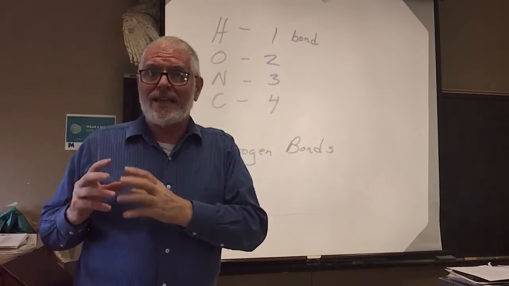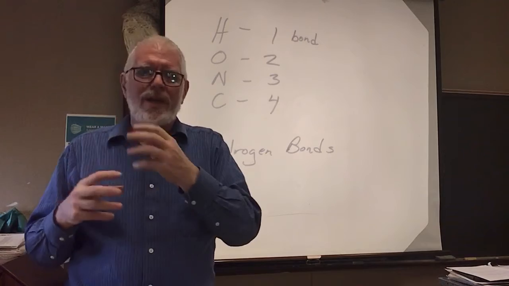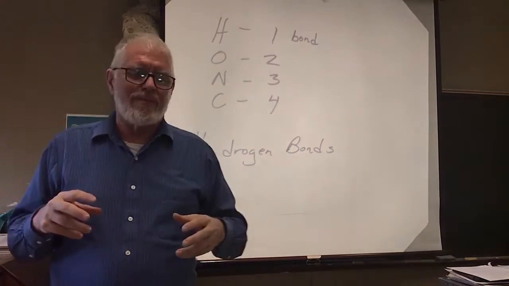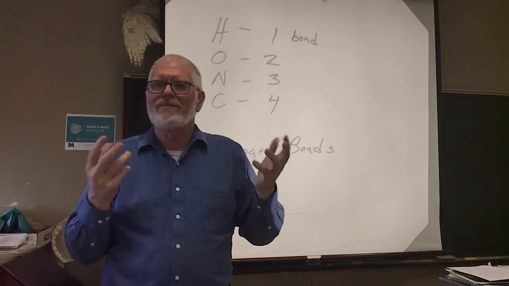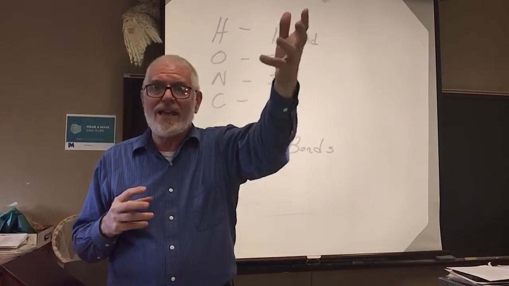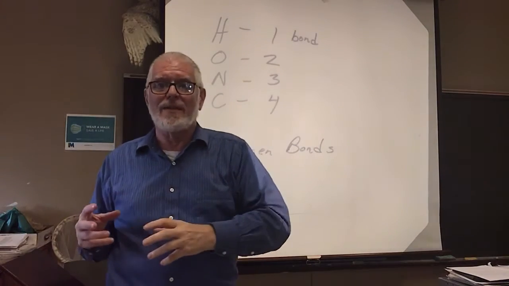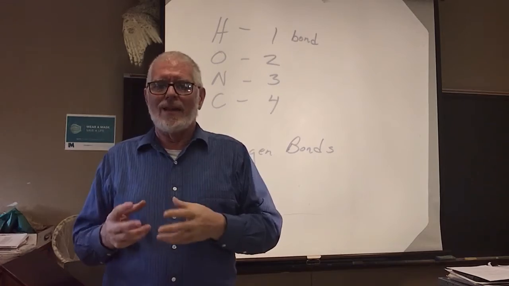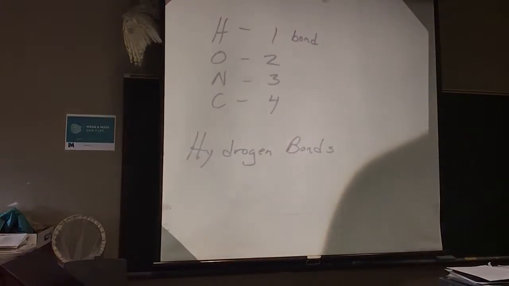And the electrons are spending less time around the hydrogen, which means its proton isn't really balanced out by the electrons going around it. This gives you a charge distribution that is more negative at the bigger, grabbier atom and more positive at the smaller, weaker atom. That's what hydrogen bonds are.